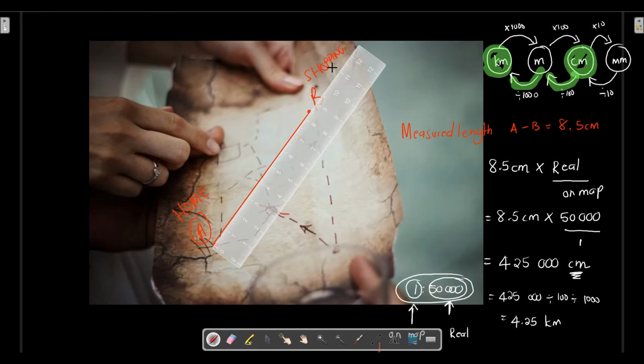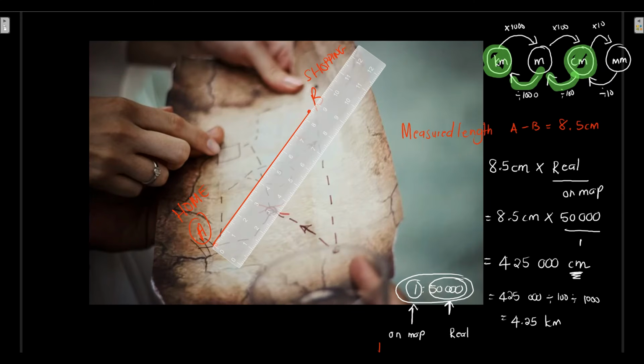4.25 kilometers. Okay, so all the time, guys, when you're working with a number scale, most especially if the question doesn't even give you the measured distance, you can start off by measuring the distance on the map from point A to point B. And we found that the measured distance from point A to point B on the map is 8.5 centimeters.